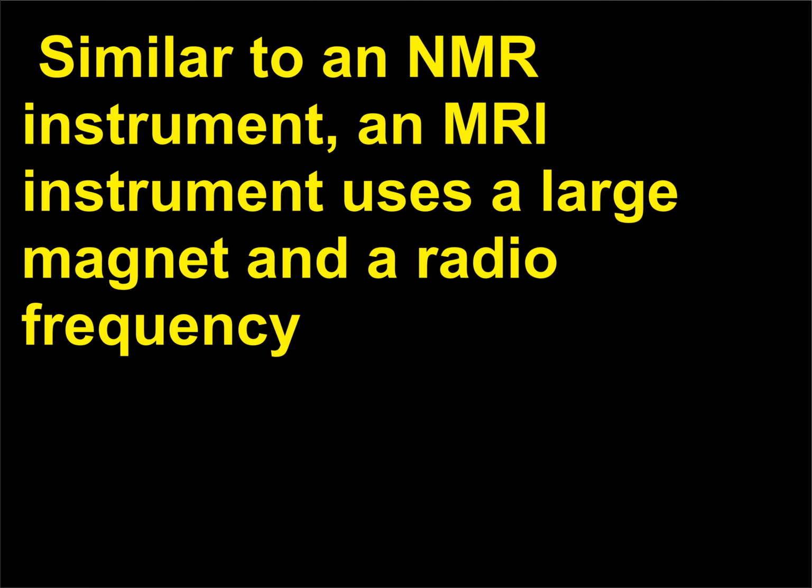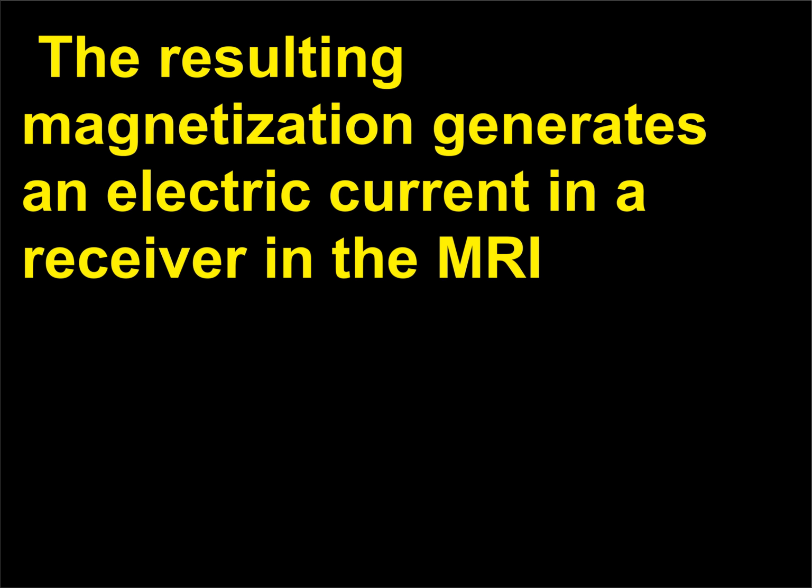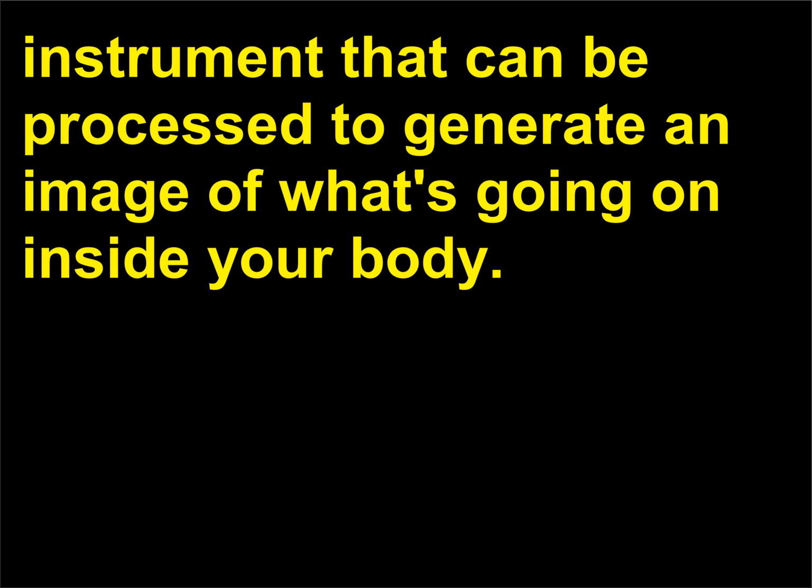Similar to an NMR instrument, an MRI instrument uses a large magnet and a radio frequency pulse to generate a rotating net magnetization in the hydrogen atoms in your body. The resulting magnetization generates an electric current in a receiver in the MRI instrument that can be processed to generate an image of what's going on inside your body.